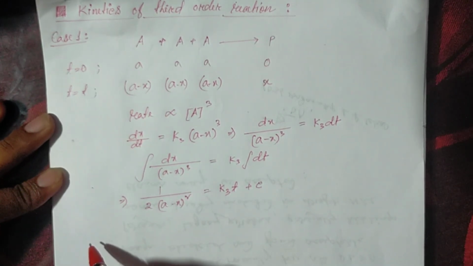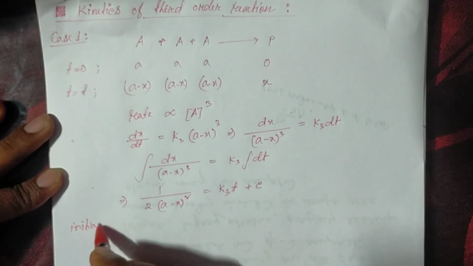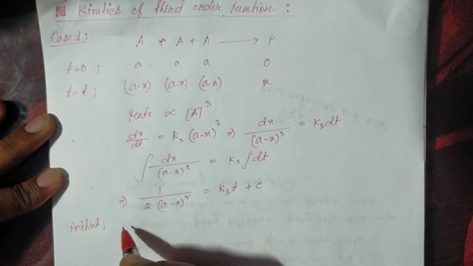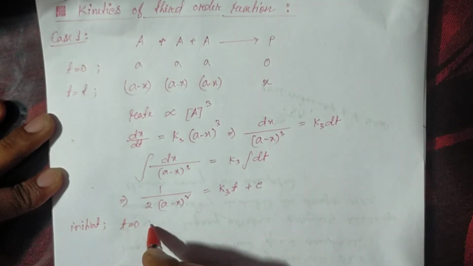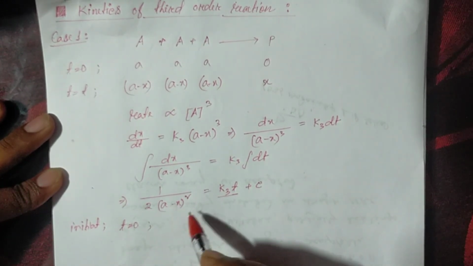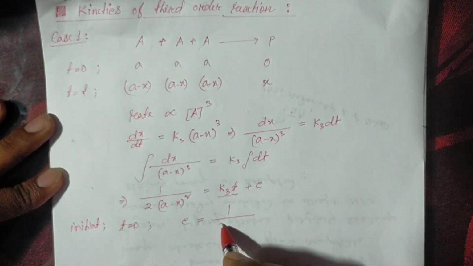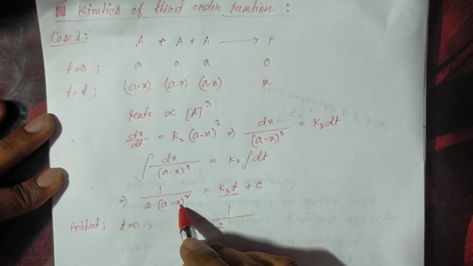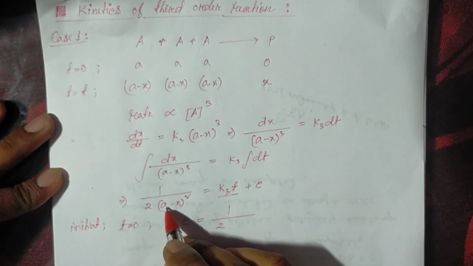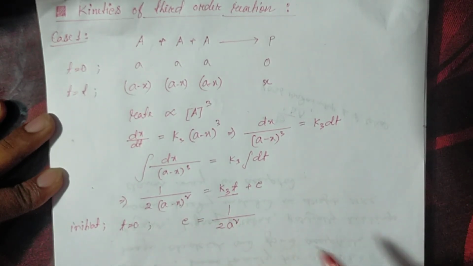So at the initial state, when time is 0, this part will be 0, x will be 0, and c will be equal to 1 by 2a square.